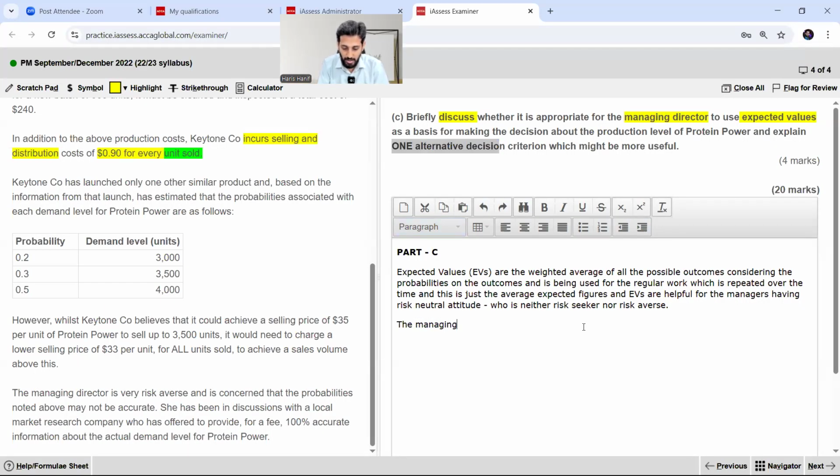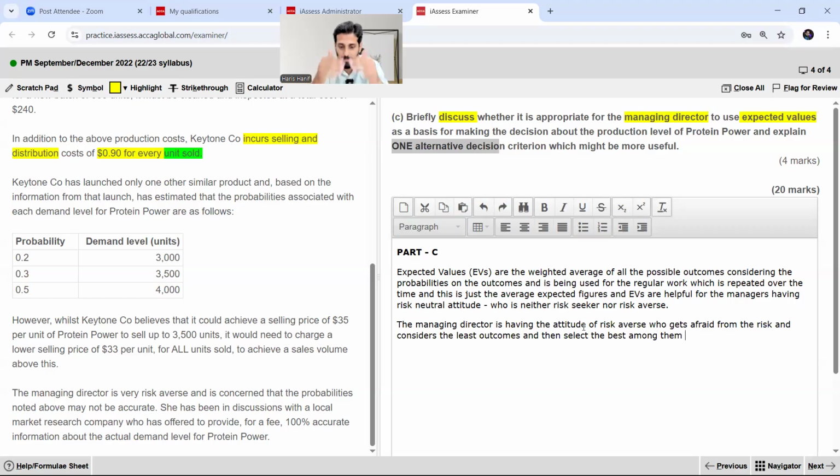So the managing director has the attitude of risk averse, who gets afraid from the risk and considers the least outcomes and then selects the best among them.